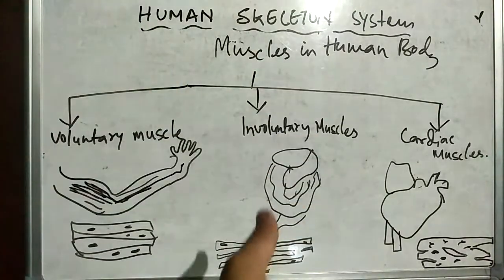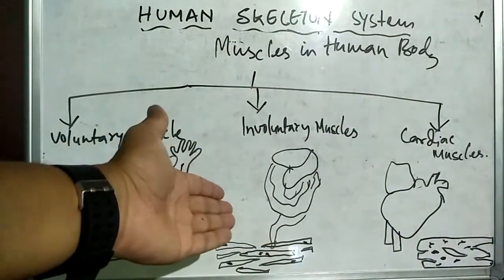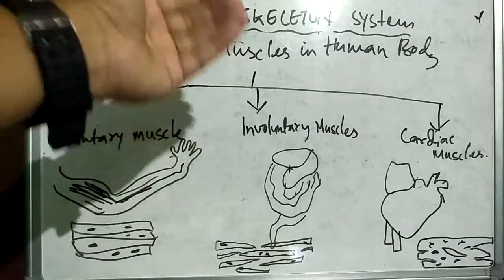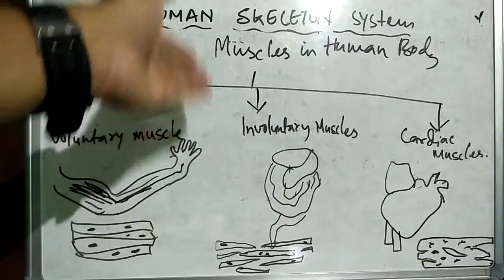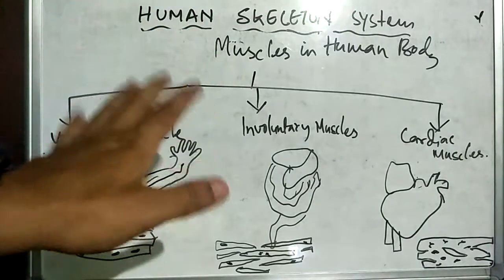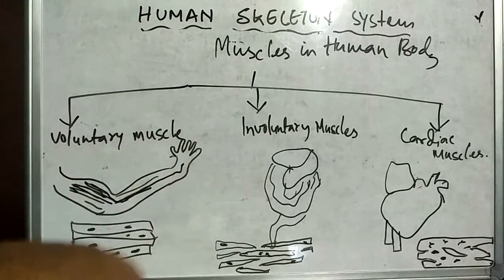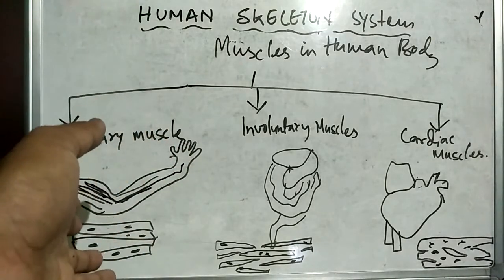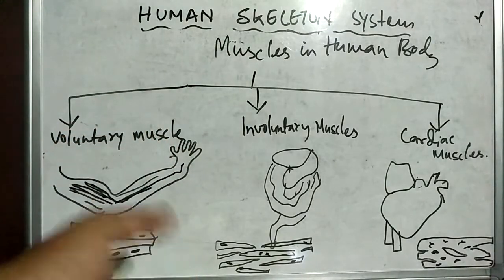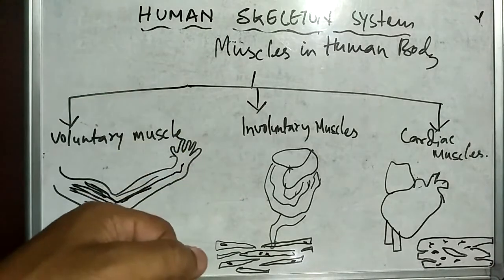Now we come to the involuntary muscles. You can see here that these muscles are not under our control, so that means it is not our control. Understood? They are also called smooth muscles, because it is not in our control, so that's why they are called smooth muscles.